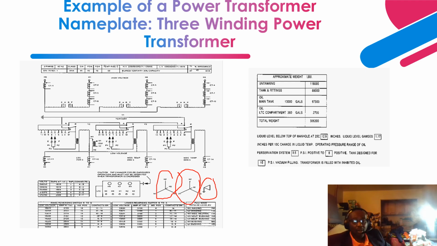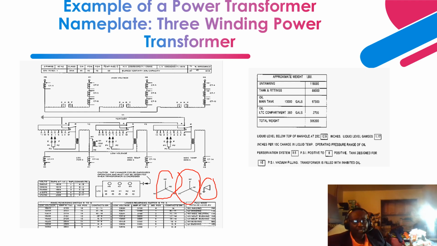winding. Like I made mention, the tertiary winding provides three functions. The first one is to provide stabilizing voltages for the high voltage winding and the low voltage winding, such that the voltages in the high voltage winding and the low voltage winding are maintained at the right level.